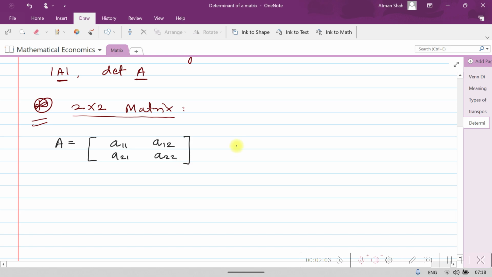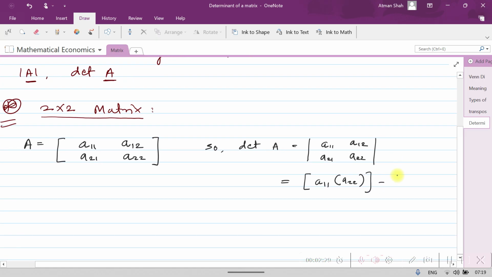So the determinant of A is |A11, A12; A21, A22|. Now how to find this value? It is equal to A11 into A22 minus A12 into A21. This is the value of the determinant of A.